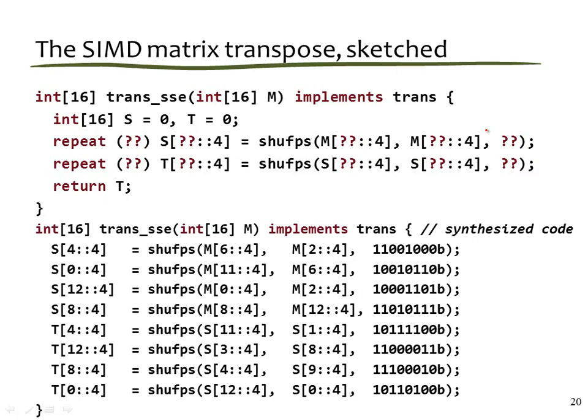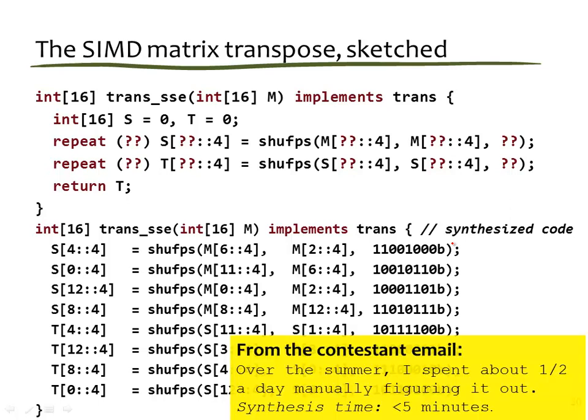And here is the solution. Here are the various values we synthesized. Here are the bit masks. And yes, this is something that you don't really want even your grad students to compute, ideally. What he said is that he spent about half a day previous summer figuring it out, and our synthesizer will solve it now in less than 5 minutes.